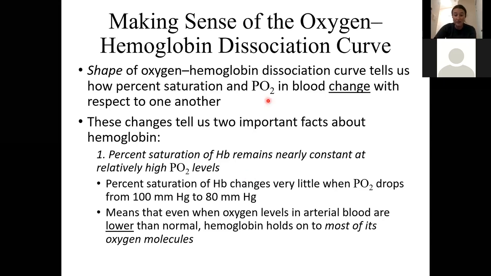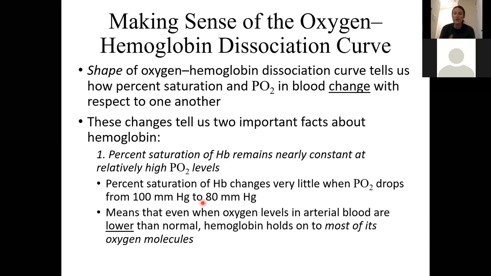And so what this means is that even if the oxygen levels in the air, for example, decrease, right? So you go up in altitude and so there's less oxygen around you. Even if the air that's coming into your lungs isn't 100 millimeters of mercury like it would be at sea level, it's okay, right? Because we still have this ability, this affinity of hemoglobin for oxygen that promotes the loading reaction, right? That loads as much oxygen into the blood as physically possible.